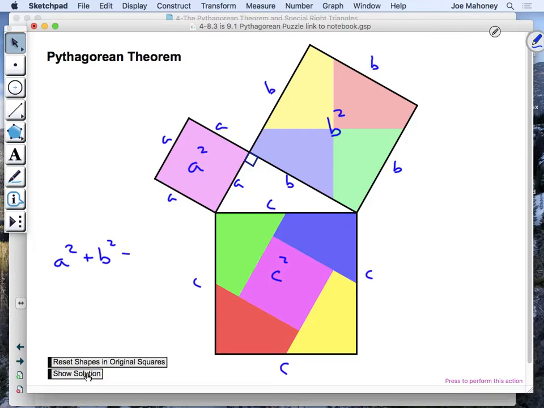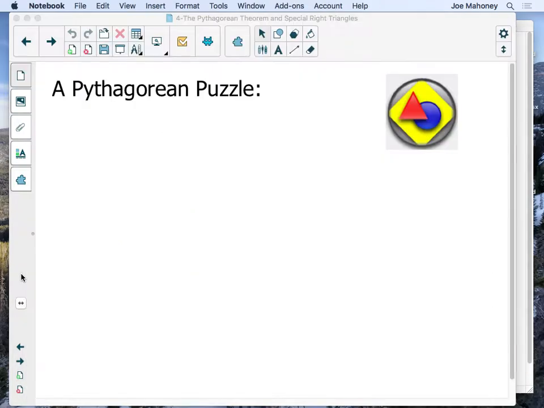But it's also equal to the area of the big square, C squared. Oh, so that's where the Pythagorean theorem comes from. Yeah, that's kind of like one of the proofs of the Pythagorean theorem as to why it's true. Pretty neat stuff. So yeah, our Pythagorean theorem, here we go.